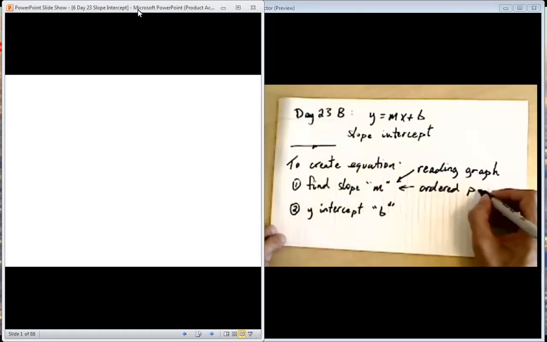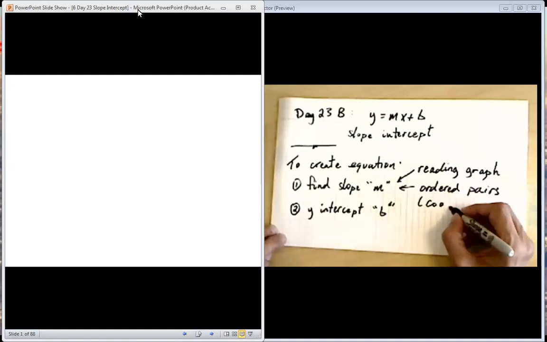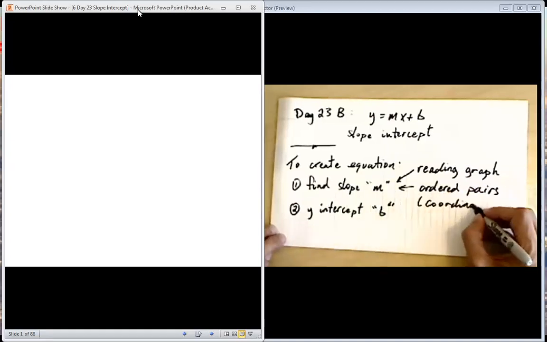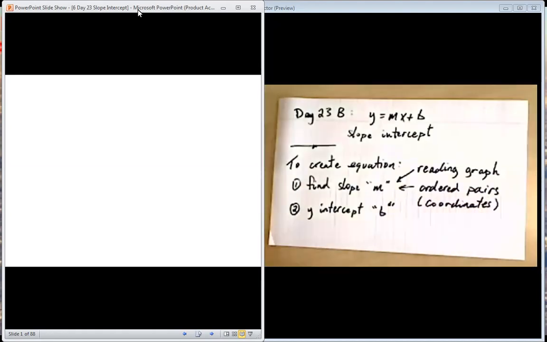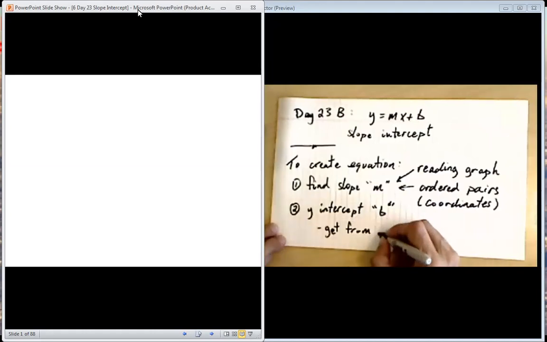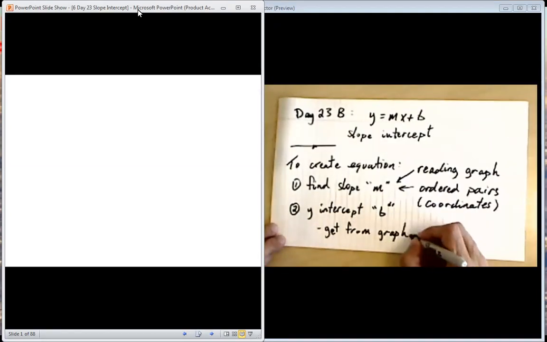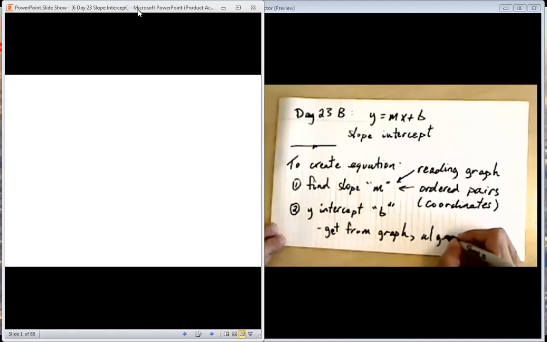That also was from some homework a little while ago, in other words, the coordinates might be given to you directly. The y-intercept, we're going to get from the graph, and then we might have to do some algebra depending how fancy we get today.